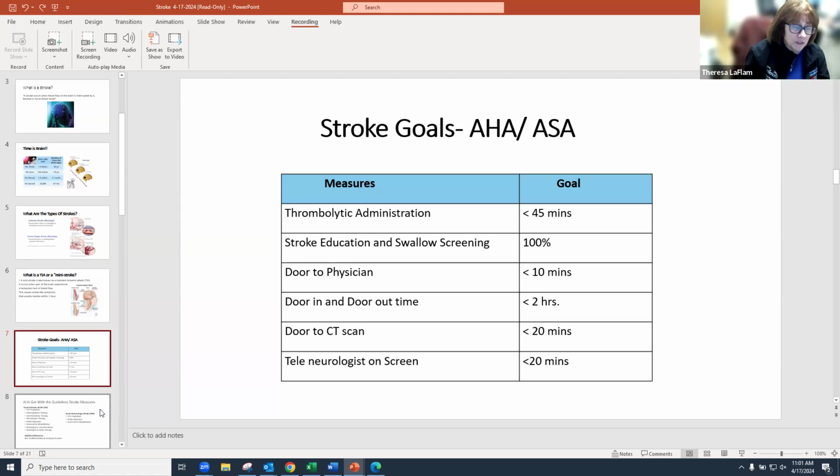When we're allowed to give the medication is up to 4 hours, 4.5 hours from when the symptoms began. So if the patient woke up at 8 o'clock in the morning and they were perfectly fine, they had breakfast, they were making their coffee, they walked across the kitchen floor, and all of a sudden out of nowhere, their right hand got weak, and they dropped the coffee cup, and that's at 8:15.